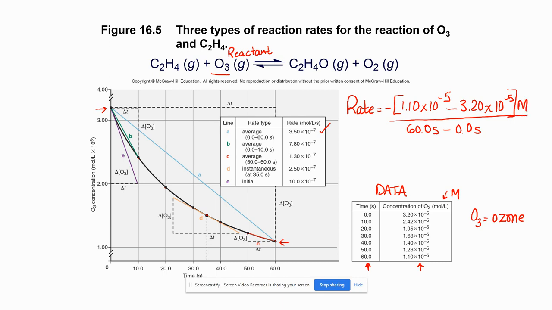If you want to take a moment to plug that into your calculators, you can pause me and do that. And we should end up with 3.50 times 10 to the negative 7.